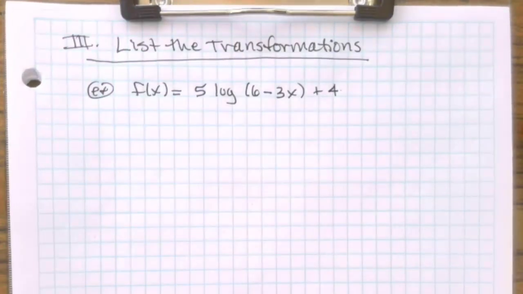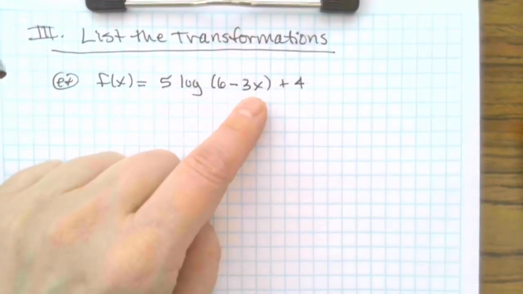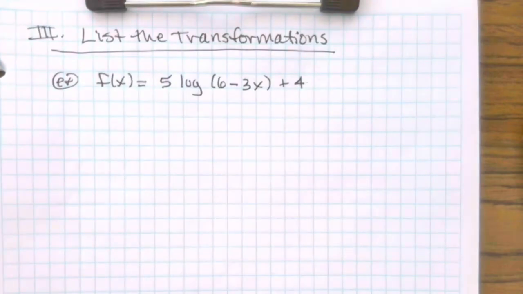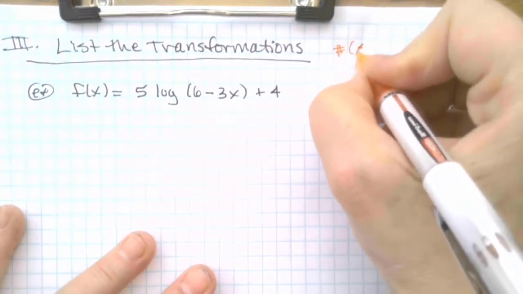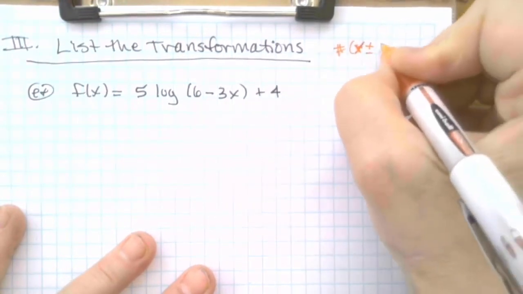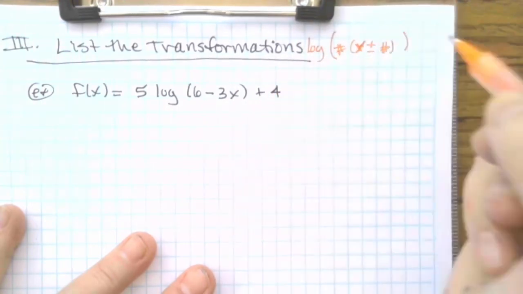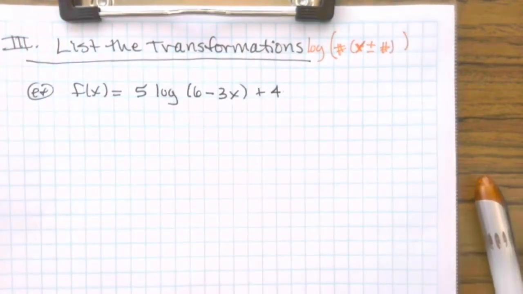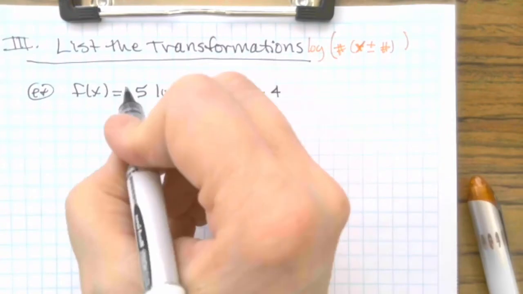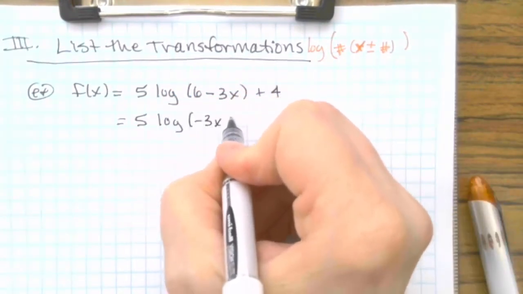Now, in order to use our transformations, x has to be alone. The plus or minus needs to be afterwards. So we're looking for something like a number and then x plus or minus another number in the argument of log. We need to have the number out front and x by itself. So to get this ready for transformations, I need to change the order: negative 3x plus 6.